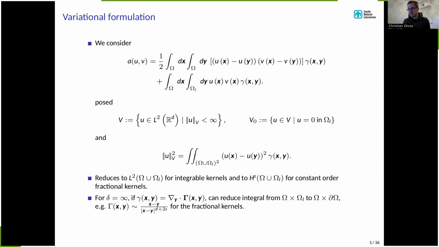this fractional type Sobolev space. Now we already see that there's still a massive issue in that the second term in our bilinear form has an integral over the interaction domain omega I, which, if the horizon delta is infinite, we won't really be able to represent correctly on a computer.